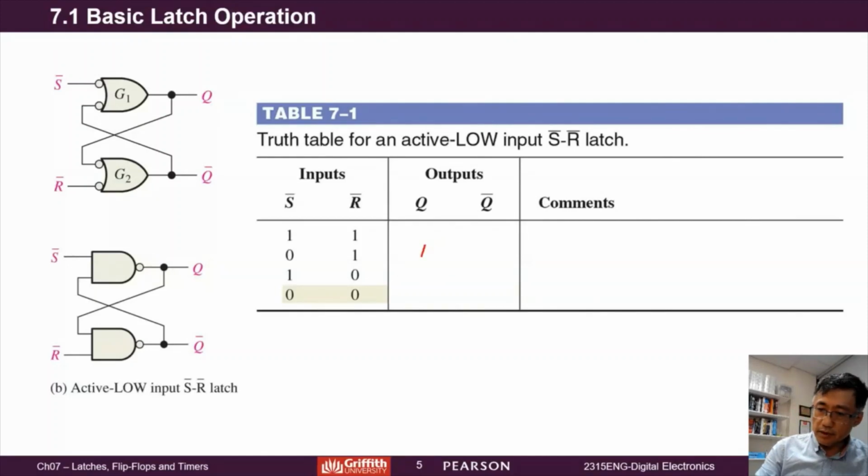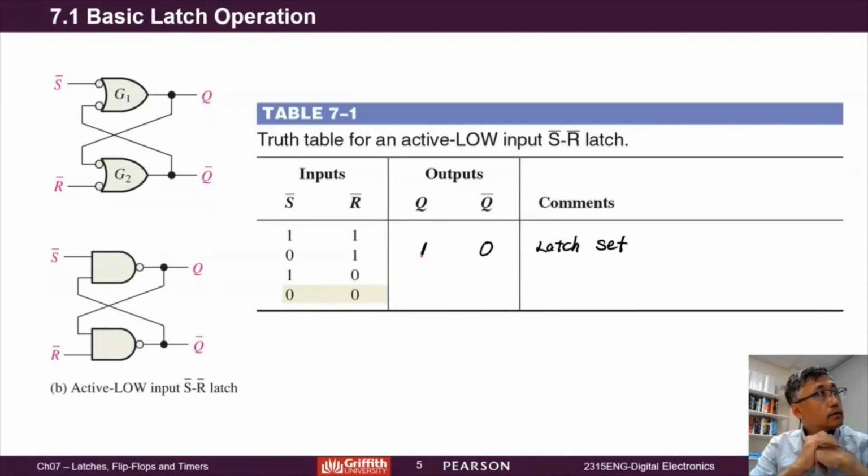So Q will be 1. And here is 1. Here is 1. And then this input is 1. So 1, 1 here should be 0. Okay. So this one we finished. Okay. So as we mentioned, if Q is high, we call the latch set. All right. So the first one is finished.